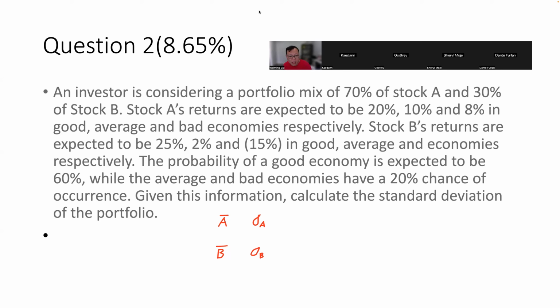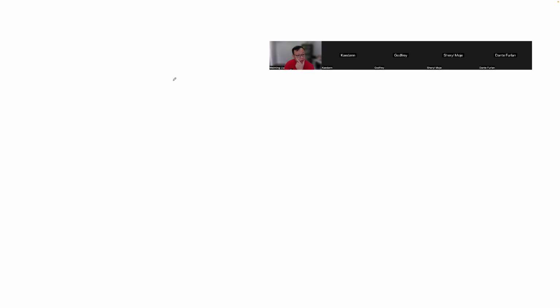Did anyone else get the same result for A? 0.146. Seems like we are getting different results, right?